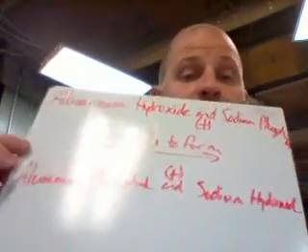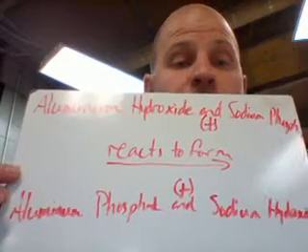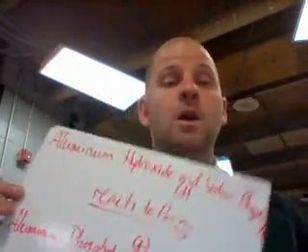The rest of it is stuff that you are able to do. So you notice that we have aluminum hydroxide and sodium phosphate reacts to form aluminum phosphate and sodium hydroxide. We're going to write out what each of these individual parts is. For aluminum, we know it's Al. Hydroxide, we know it's OH. Sodium, we know it's Na.